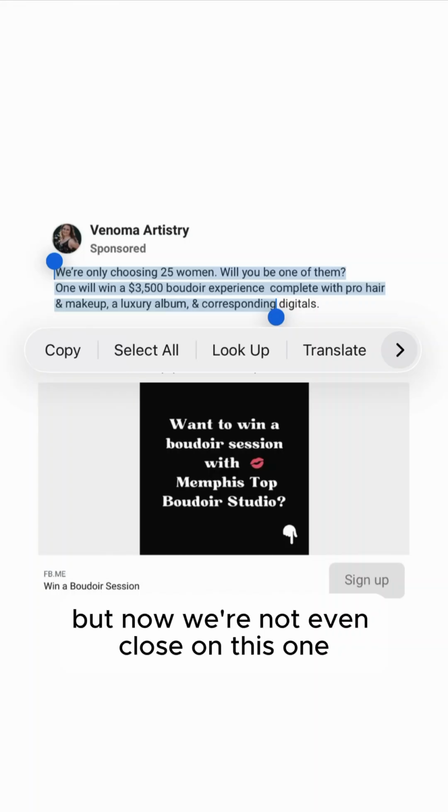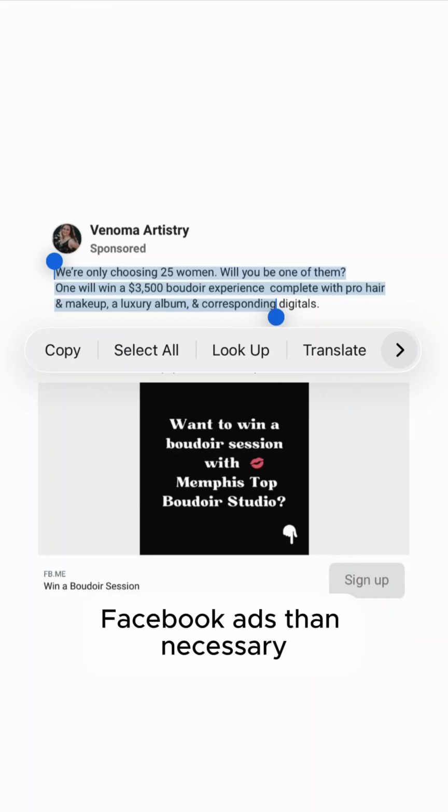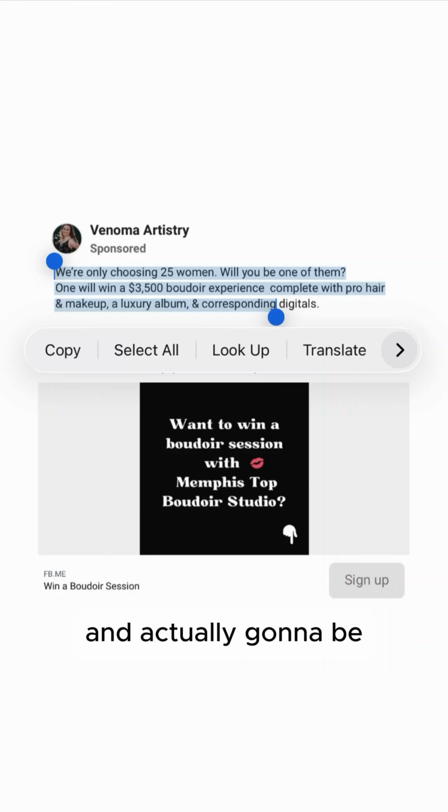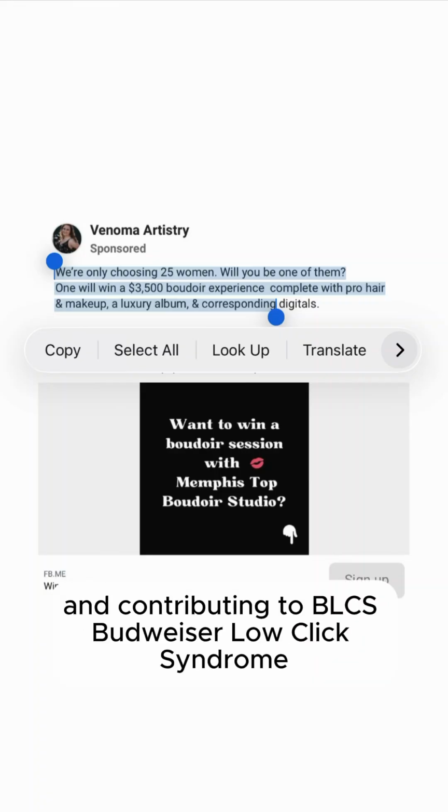But no, we're not even close on this one. So the consequence is way more women are going to be scrolling by our Boudoir Facebook ads than necessary, basically pulling down our unique CTR under 6% and contributing to BLCS, Boudoir low click syndrome.